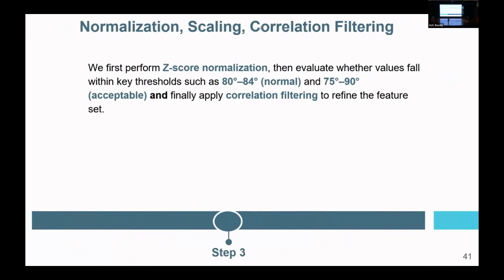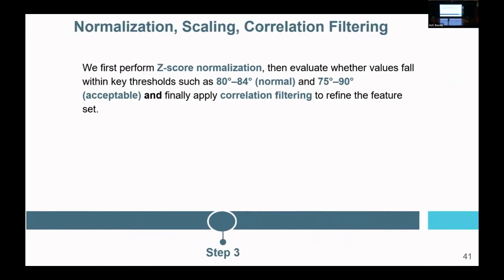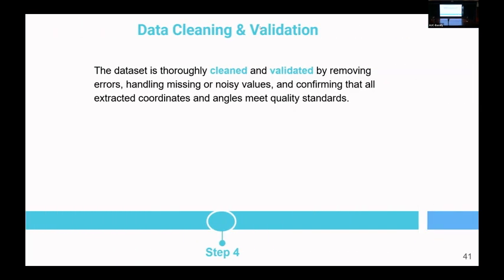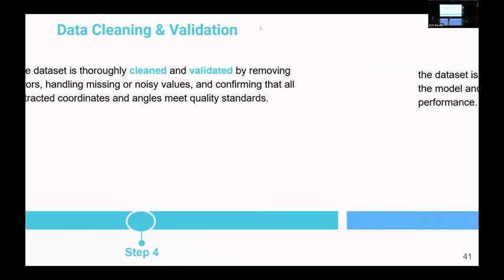And after that, we did a normalization scaling using the score normalization. And we checked according to the dentistry, the normal range is from 80 to 84, for example, for one of the angles, SNA. And after that, we did data cleaning and validation. We removed all the outliers and confirmed that the coordinates are the ones that were extracted.